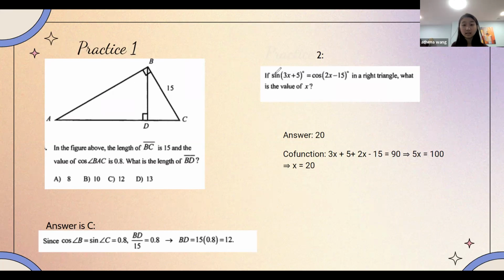Okay, does anybody have any other questions? Okay, if nobody has any questions, do you want to suggest topics that you want more review on?